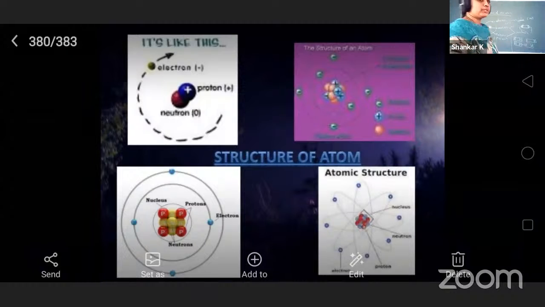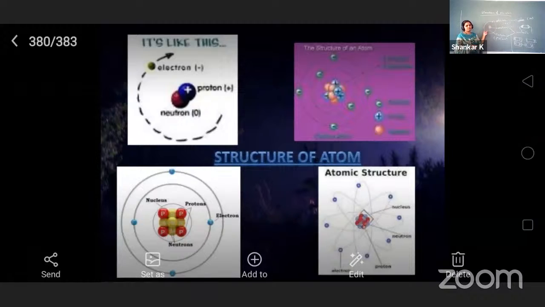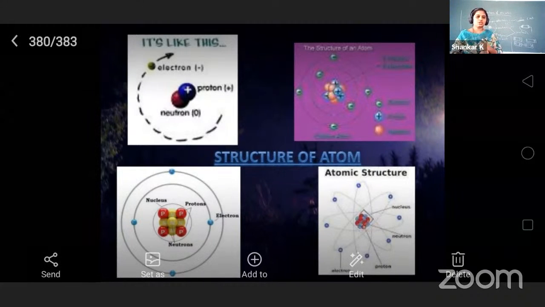Now we can see the picture shows electrons, neutrons and protons. Protons and neutrons are in the middle, at the center of the electrons. The proton is a charged body and the neutron is not a charged body. The electron is a negatively charged body.